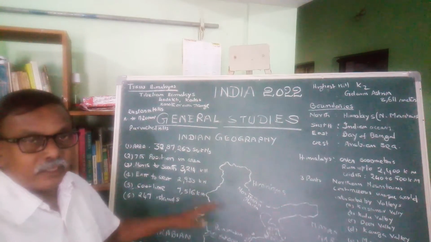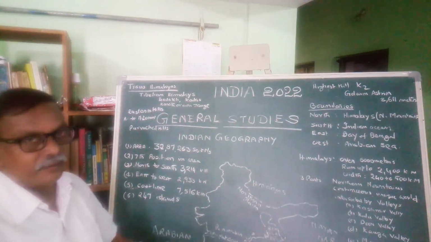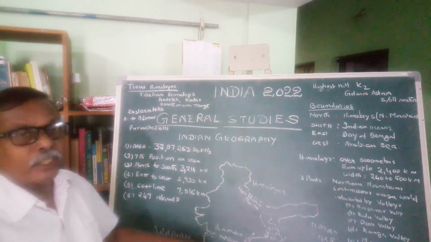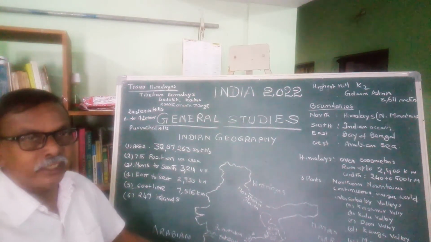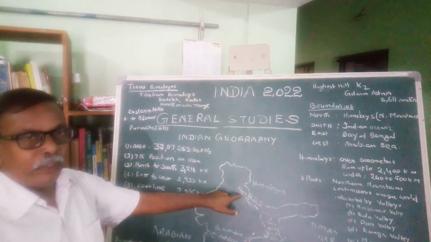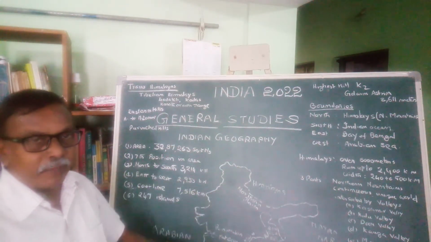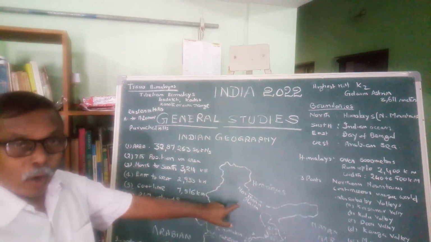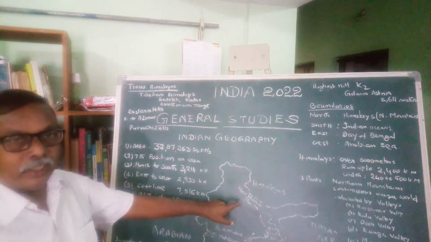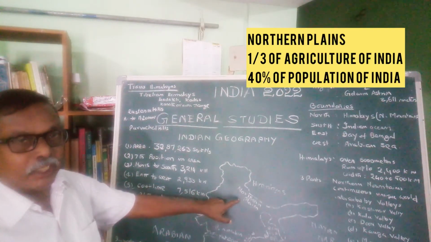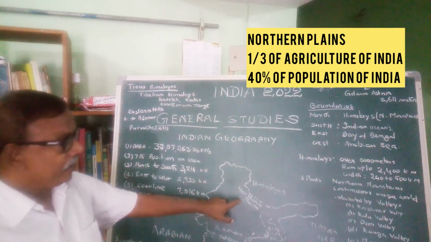And this plain is very important because, when compared to the northern plains, the highest population is situated in the southern plain also. When we compare the northern plain with the peninsular plateau, one third of the agriculture of India is done by the northern plain.